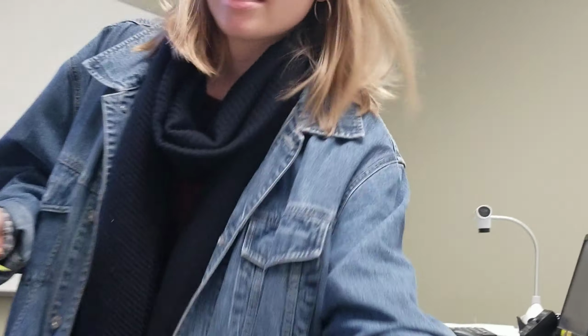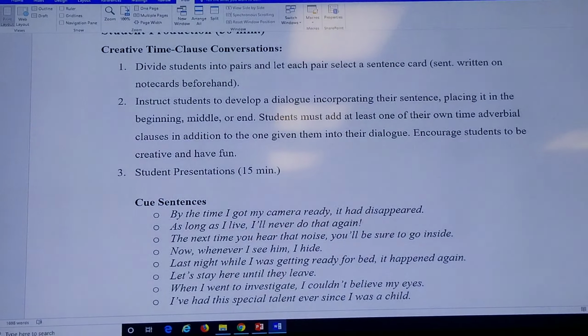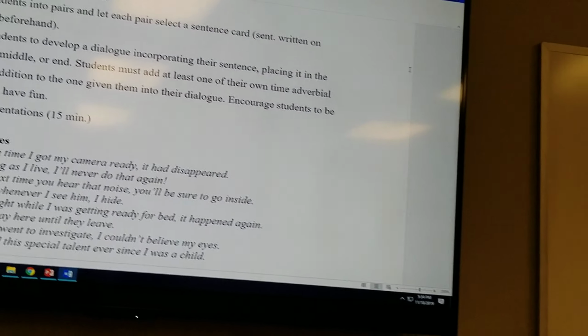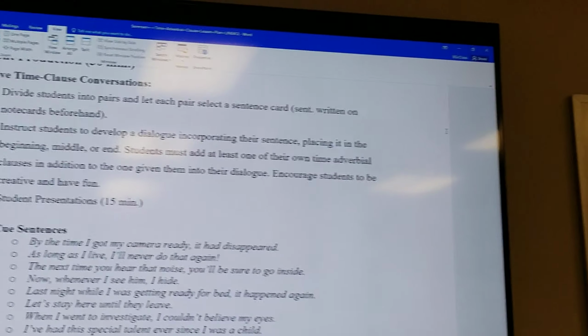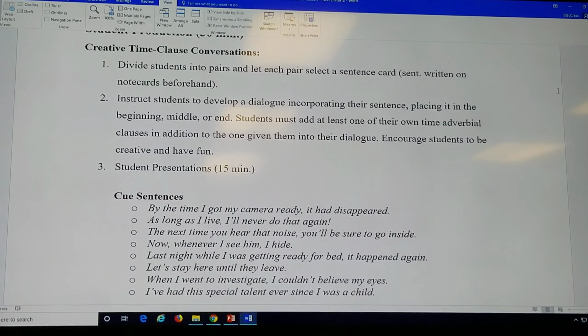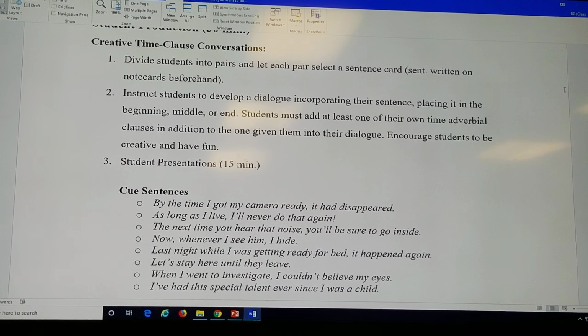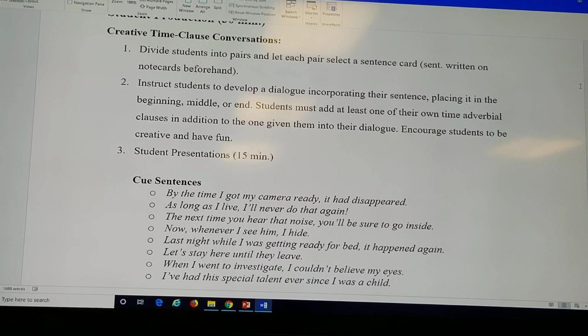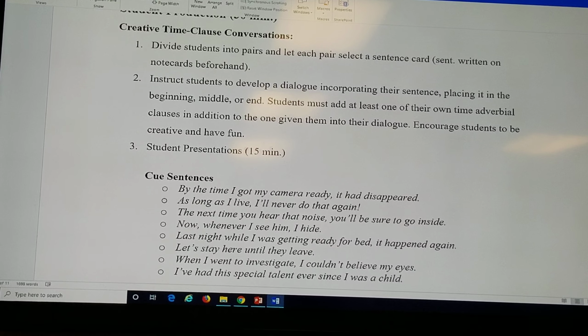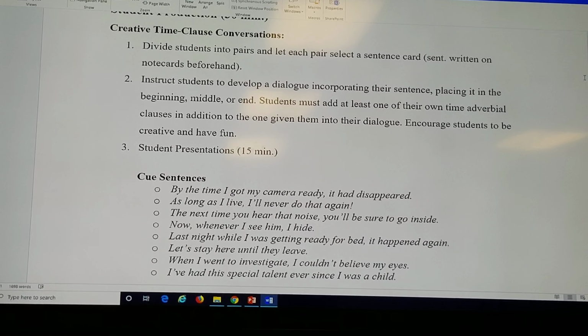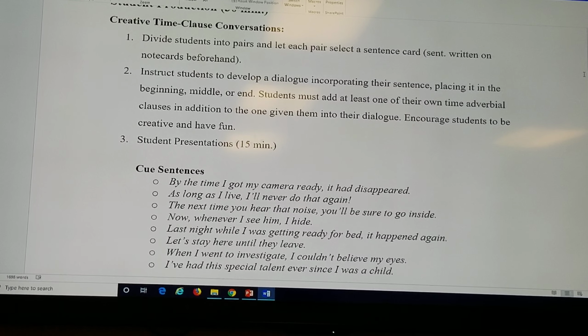And then you will use this time adverb clause in either a dialogue or a story. You can put it at the beginning, the middle, or the end of your dialogue or story, but it needs to fit within the context.